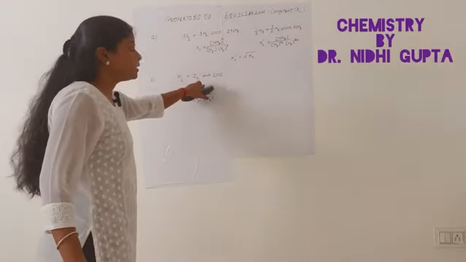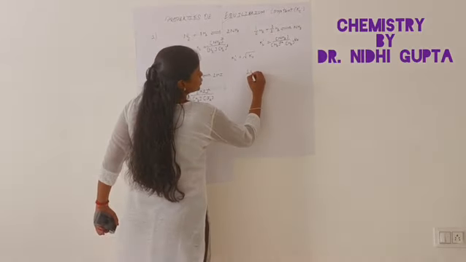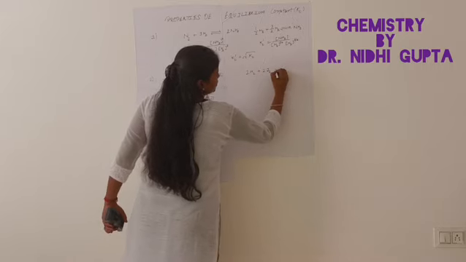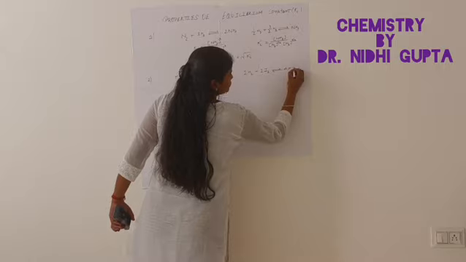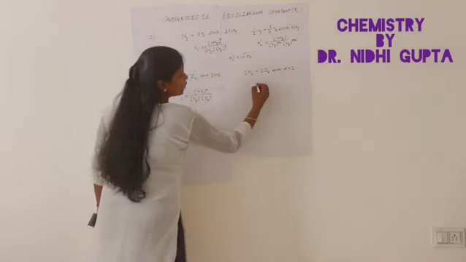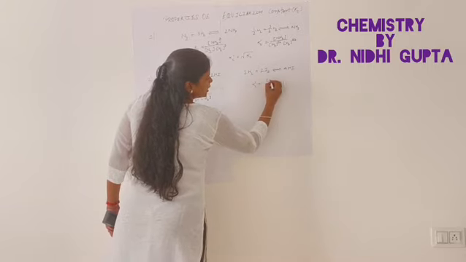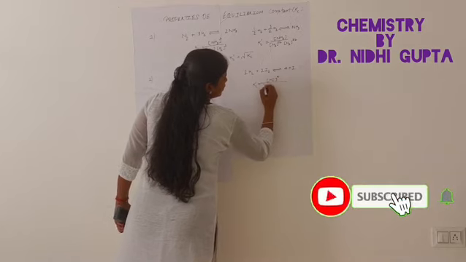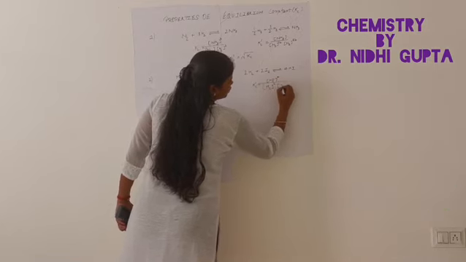So if we multiply this reaction by a factor of 2, it will become 2H2 plus 2I2 giving 4HI. Okay. So if we write the Kc for this, it will be HI to the power 4, and then H2 to the power 2 and I2 to the power 2.